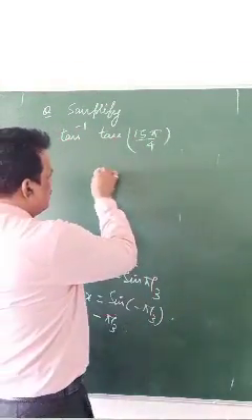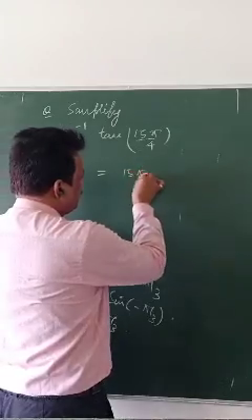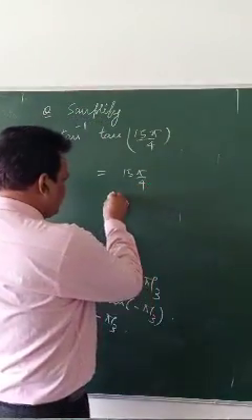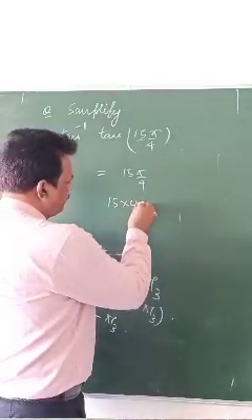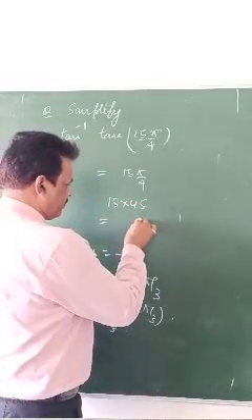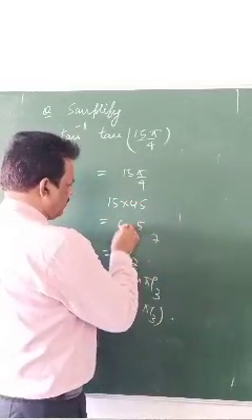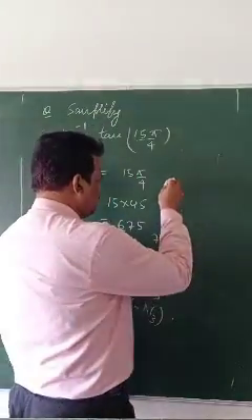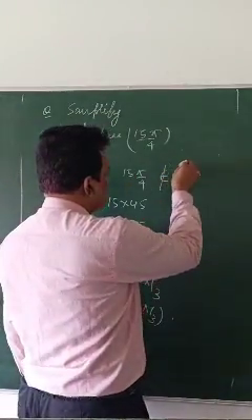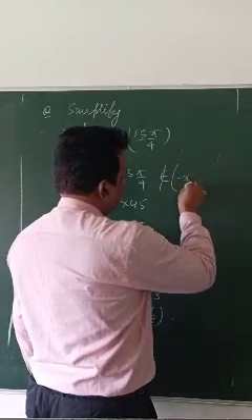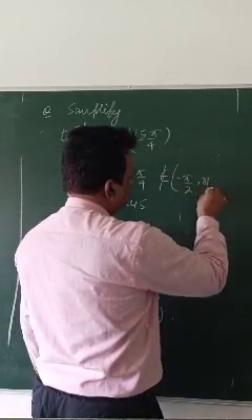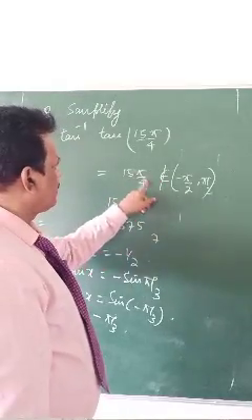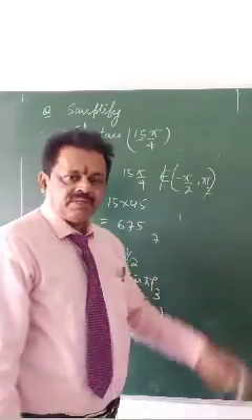Can I write 15 pi by 4? If you write, this will be wrong. Because 15 into 45 degree, how much? 675 degree. But what is your range? This doesn't belong to minus 90 to plus 90. This doesn't fall here. So this answer will be wrong.